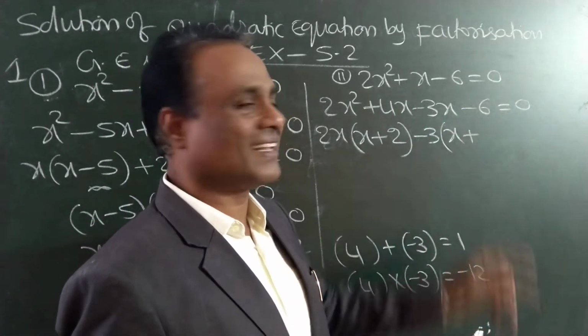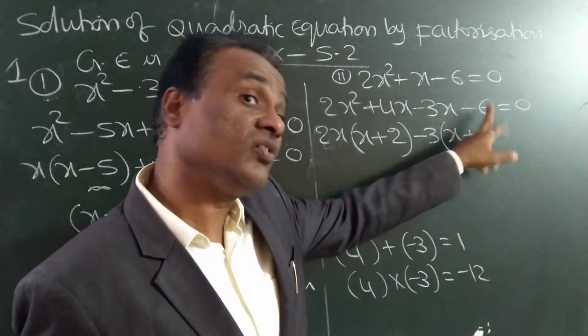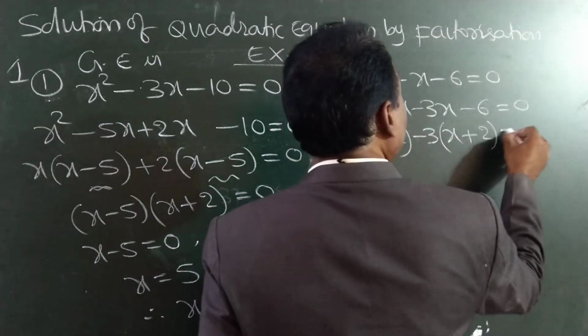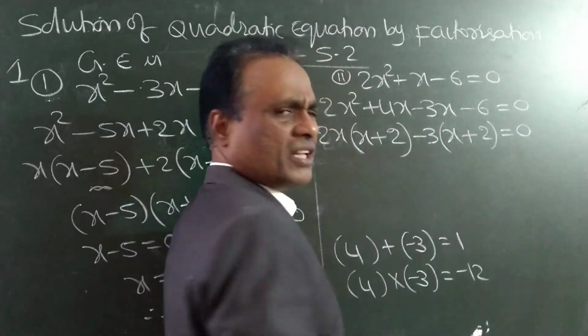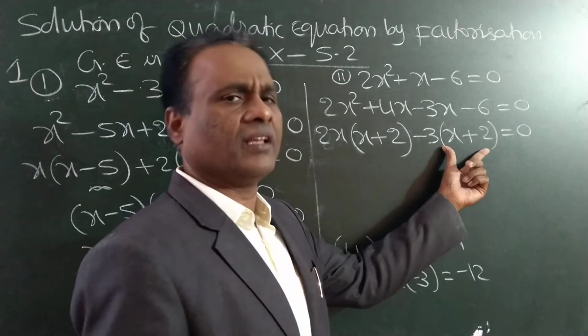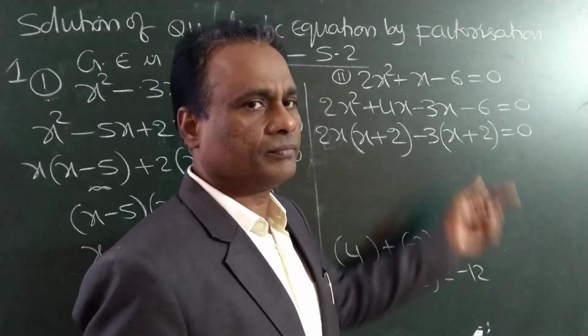Minus into plus is minus. 6 is 3 into 2, 3 common, 2 remains. Definitely the same should repeat here, otherwise we can't do it.